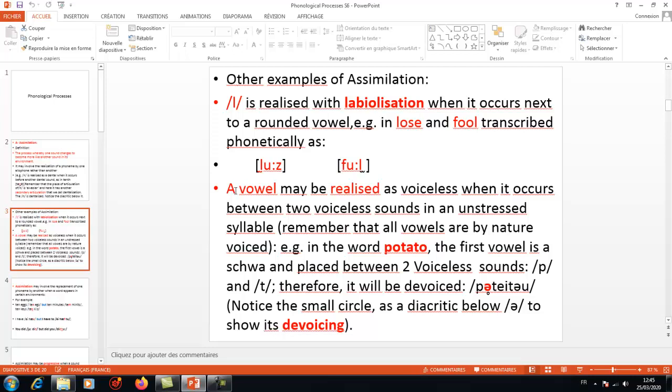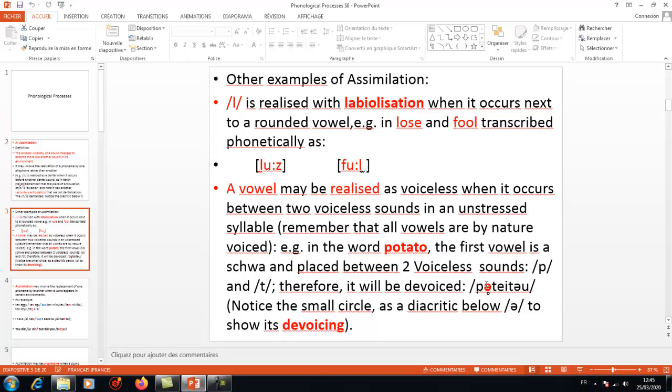Another example, a vowel may be realized as voiceless when it occurs between two voiceless sounds in an unstressed syllable. Remember that all vowels are by nature voiced. For example, in the word potato, the first vowel is a schwa and placed between two voiceless sounds, p and t. Therefore, it will be devoiced, potato.